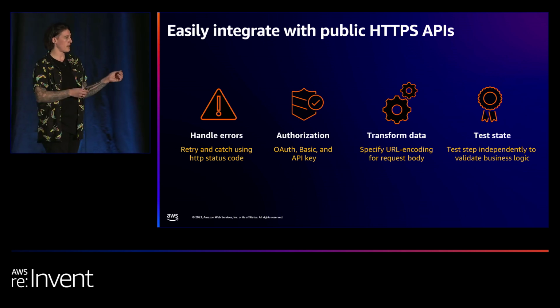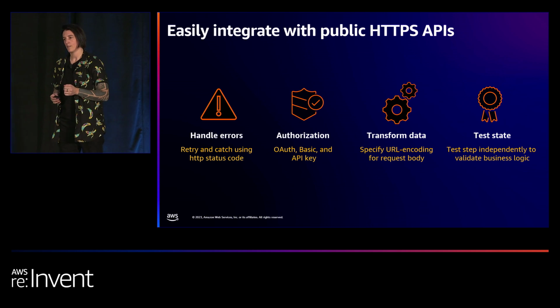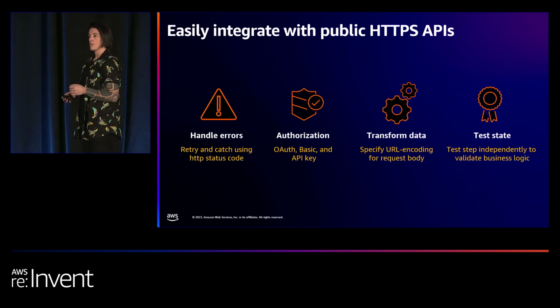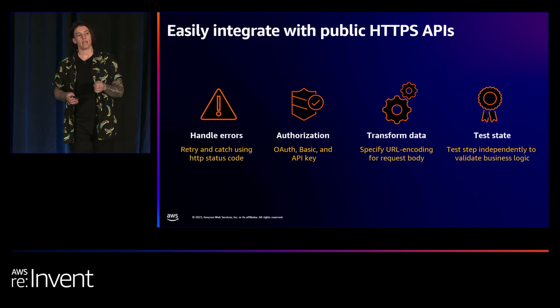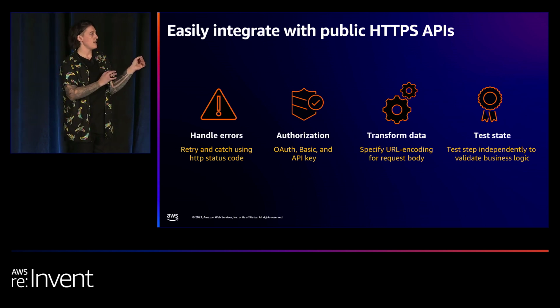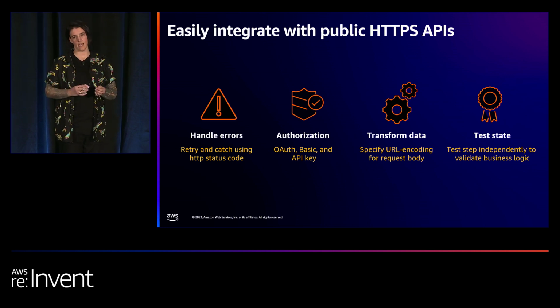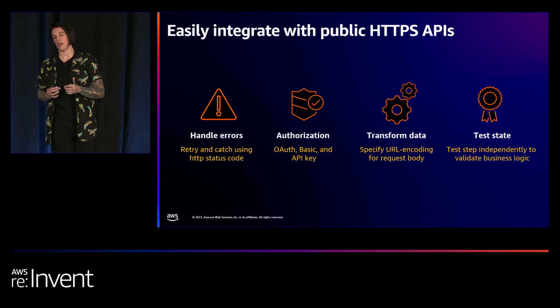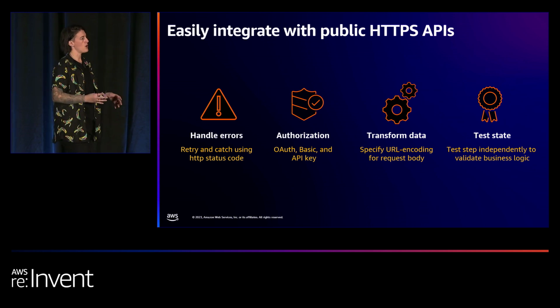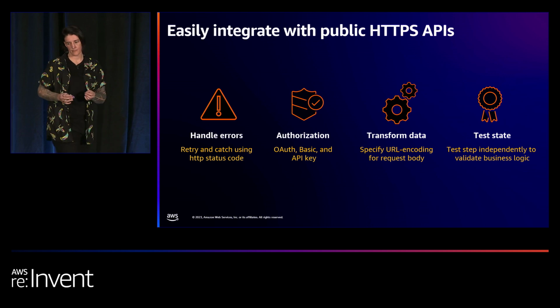So you can choose to handle those errors directly as part of your workflow. Authorization is supported. We support OAuth, Basic, and API key using the connection resource available within Amazon EventBridge. So you create a connection, you specify the authentication and the authorization details, and then you refer to that connection ARN or that connection resource as part of your workflow, and we'll look at that in a second.